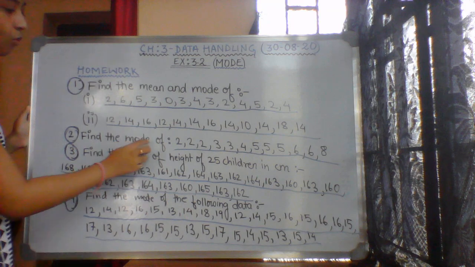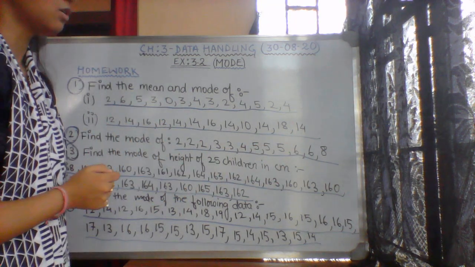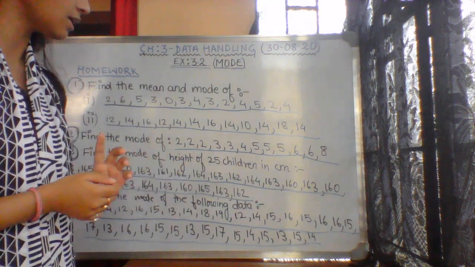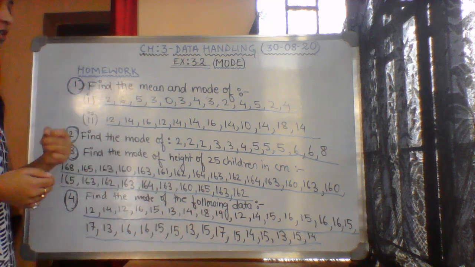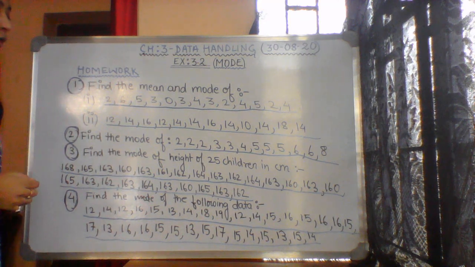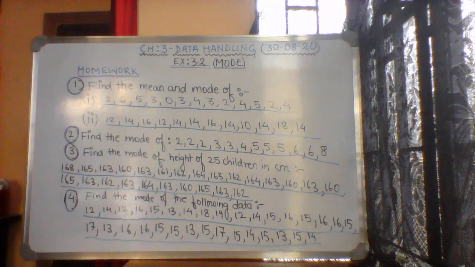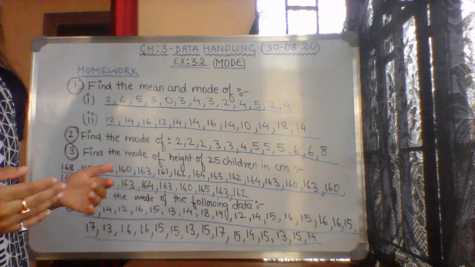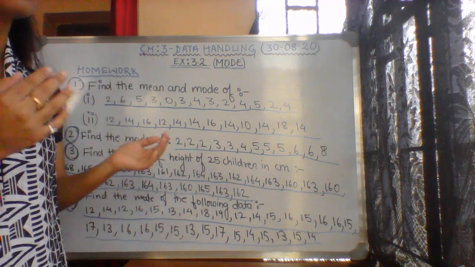Second question, find the mode of this data. You can see here it is already arranged. So now you only have to see which observation is occurring most often. Okay, so one thing you may face here is that two observations are occurring with the same frequency. Two observations may be there.